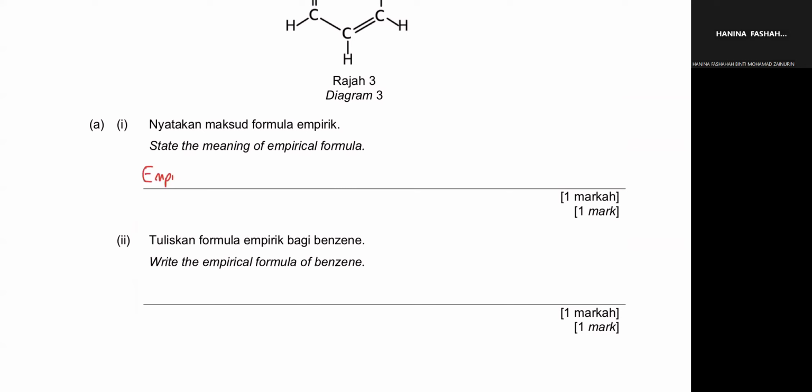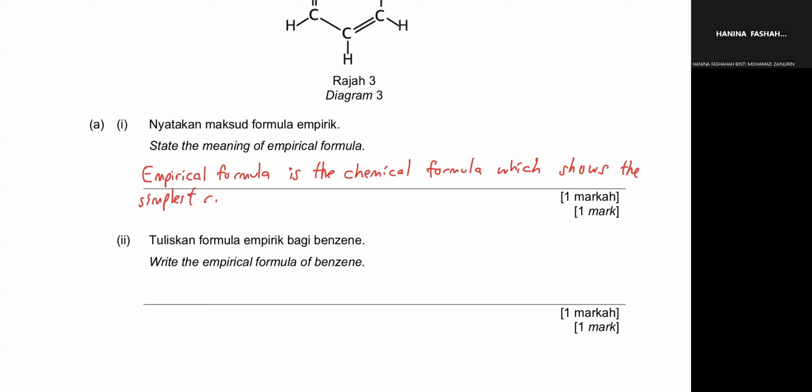Empirical formula is the chemical formula which shows the simplest ratio of atom for each element in a compound. The keyword here is simplest ratio of atom of each element.